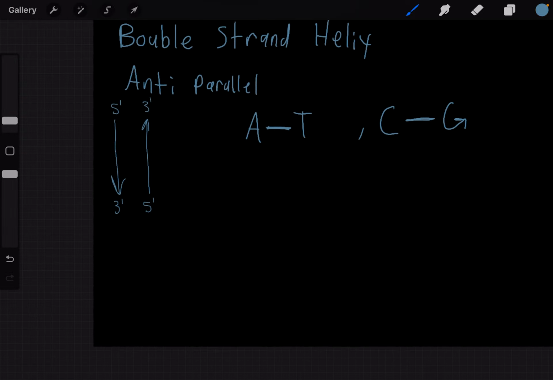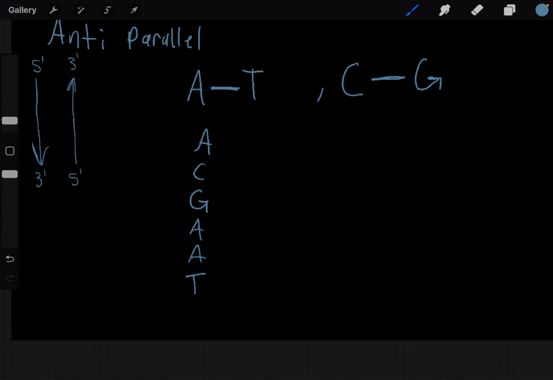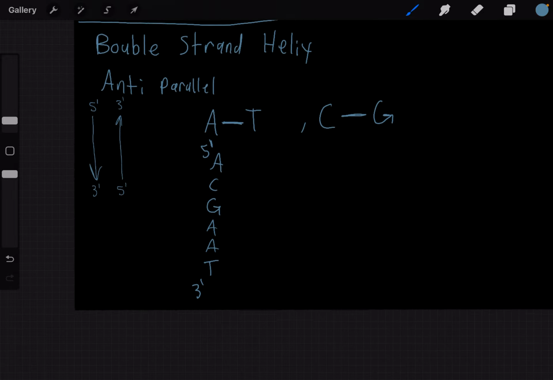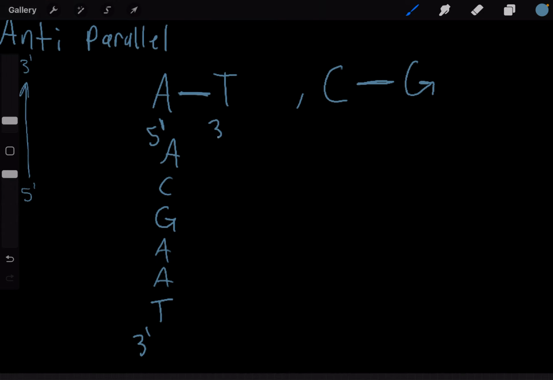So for example, if I had A, C, G, A, T, and if this is the 5 prime end, this is 3 prime, this would be 3 prime right here, and this would be 5 prime.